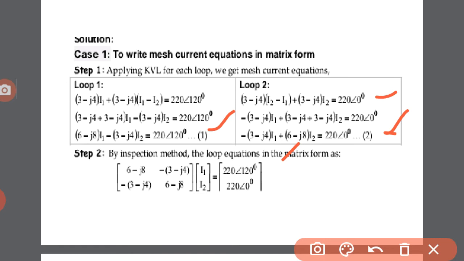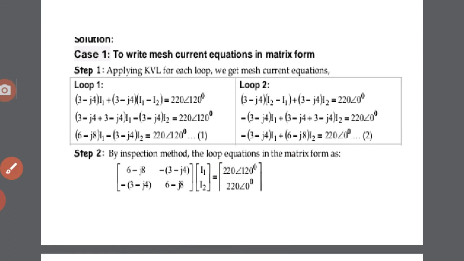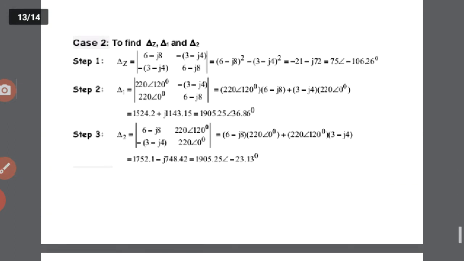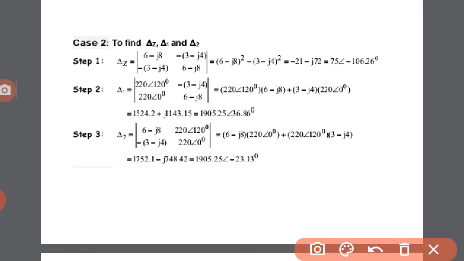These two equations are to be put into matrix form. That is 6 minus J8, minus of 3 minus J4, minus of 3 minus J4, again 6 minus J8, times I1 and I2, equal to 220 angle 120 degrees and 220 angle 0 degrees. After that, find the values of delta Z, delta 1 and delta 2. Delta Z is the determinant of the matrix.